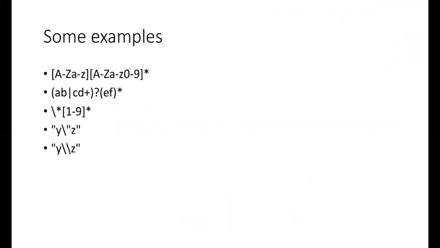Let's look at some examples. See the first one. It says A to Z, a to z. That means the first character can be either a capital letter from A to Z or a small letter from a to z. These are allowed. This whole thing represents one character only.